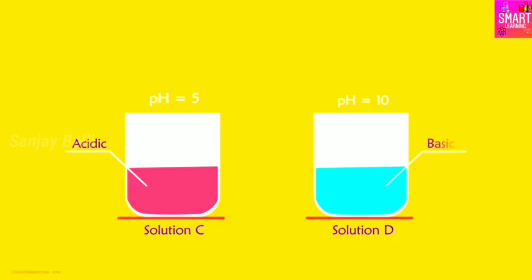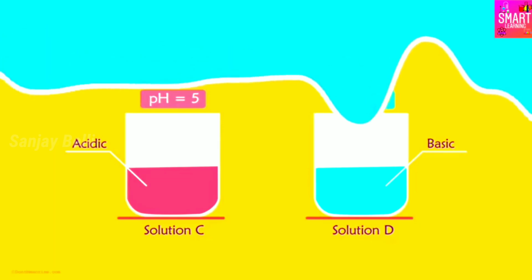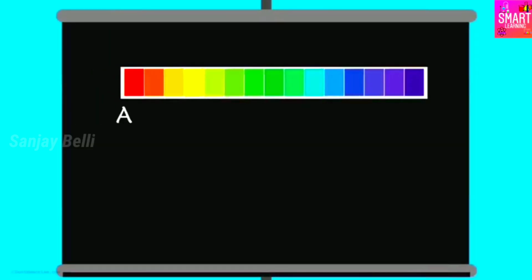So relatively, solution D is more basic, and we can see that its pH is higher than C. A good way to remember this is to think of the first two letters of the English alphabet, A and B. Acidic on the left, basic on the right.